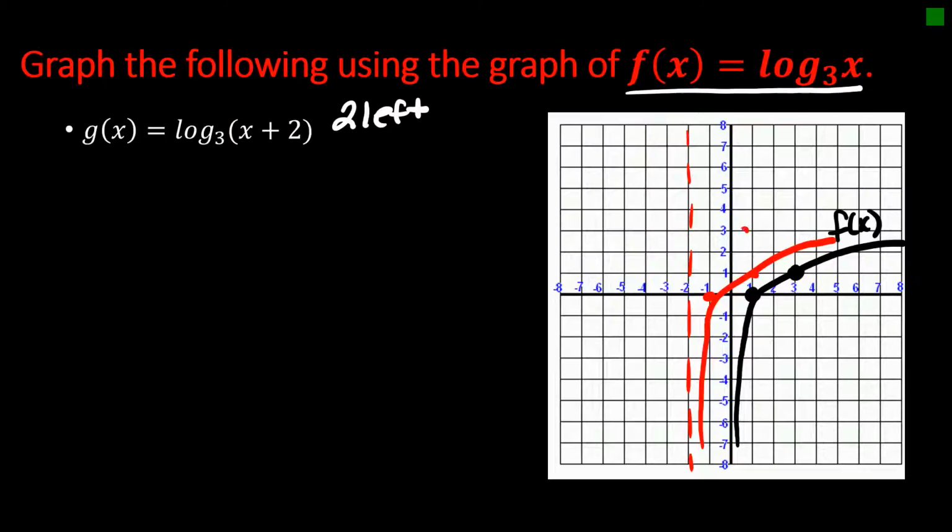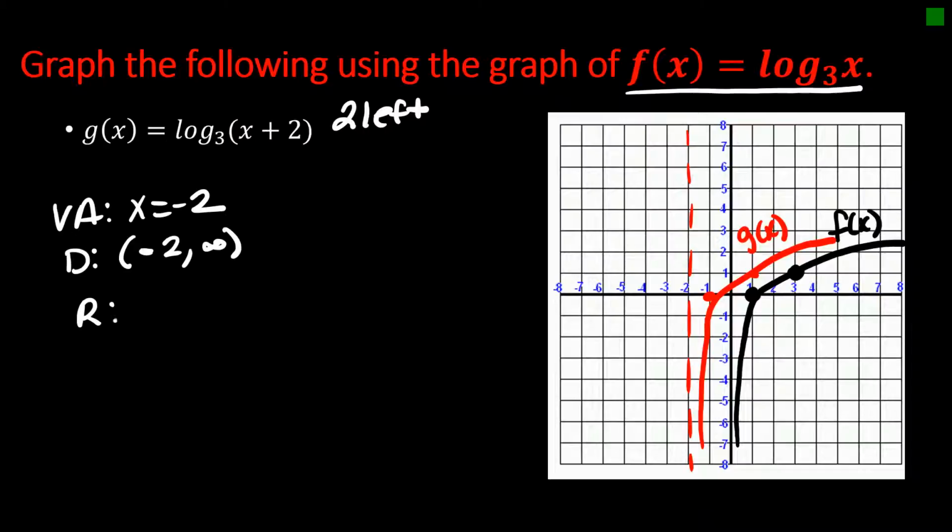So this is the graph of our g of x. So our vertical asymptote moved from x equals 0 to x equals negative 2. Our domain, remember, of the original log base 3 of x is from 0 to infinity, but since we moved the graph over 2, it's going to be negative 2 to infinity, and our range is negative infinity to positive infinity.